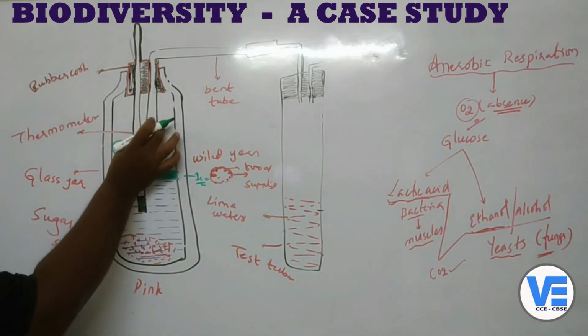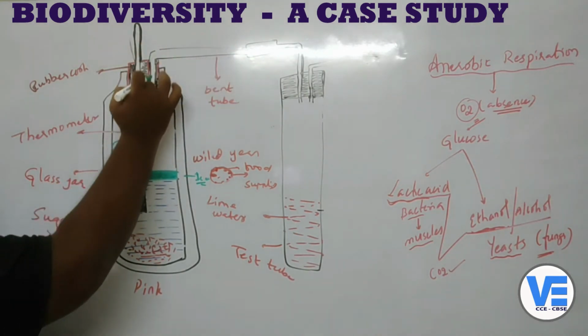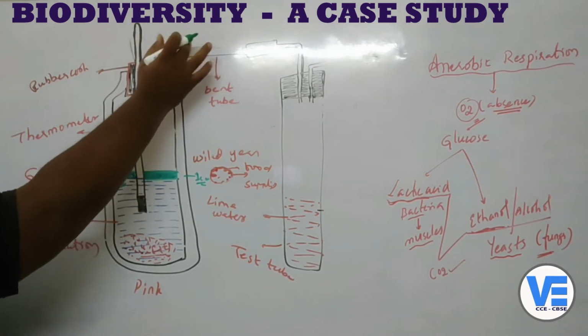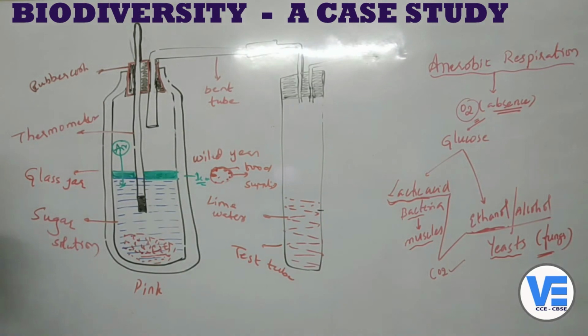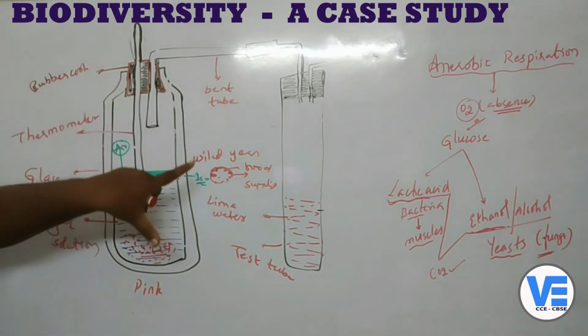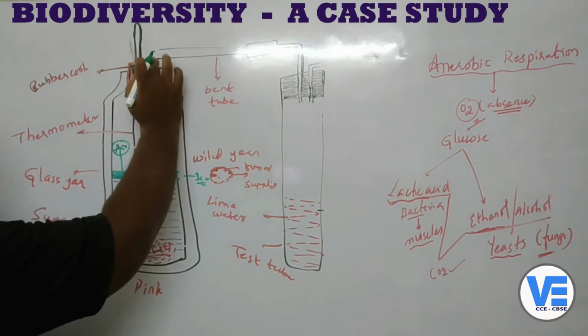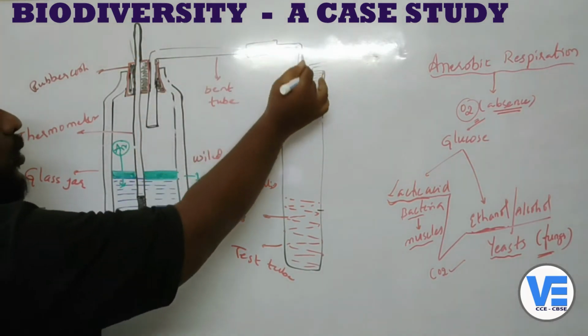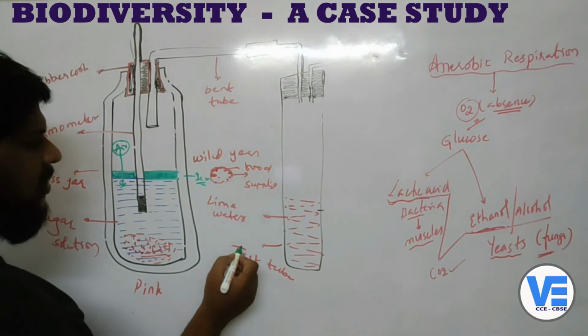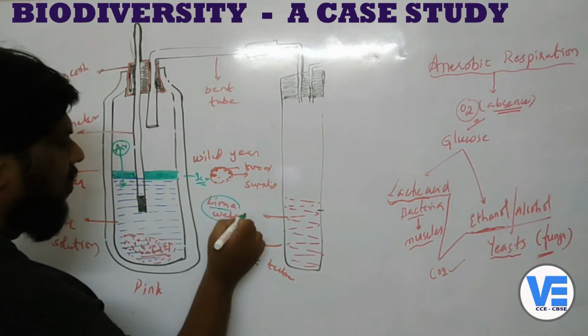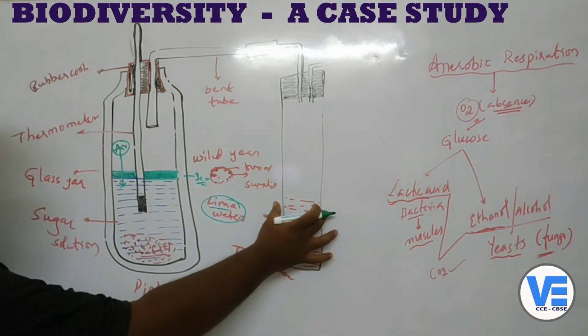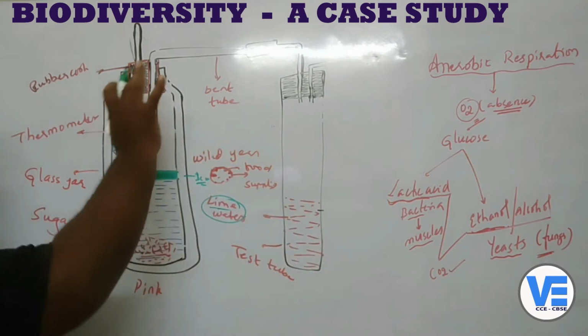And then you'll also arrange a bent tube in this way. We have kept the experiment like this, and the bent tube will go and open into a test tube where you have taken some lime water. Now this is the apparatus.